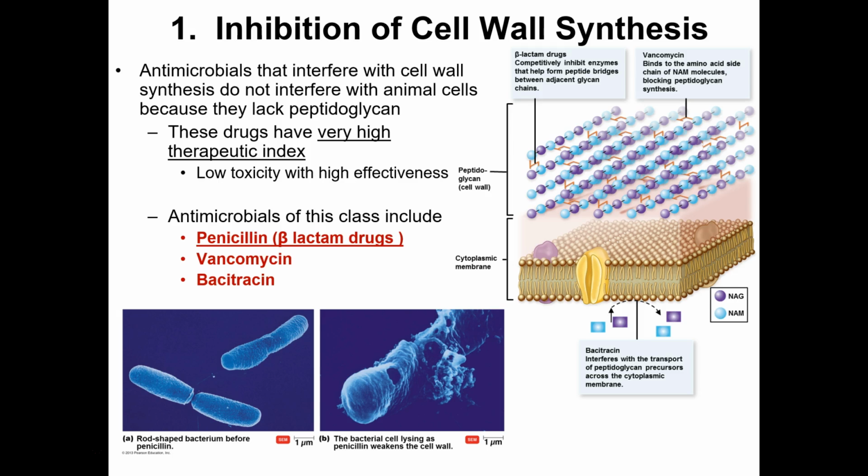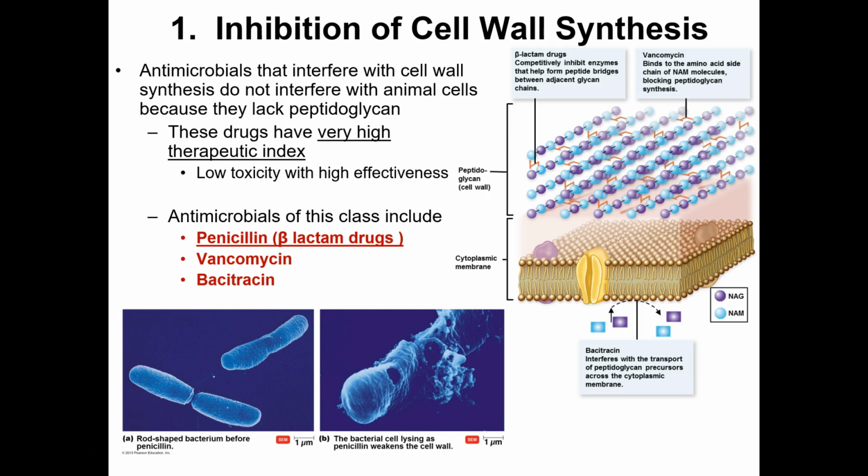Now, bacitracin is kind of a gray area. This is one you don't ingest. It's a topical cream. It's because it actually binds to the membranes of the bacteria. And what it's doing by binding to the membranes is preventing those NAG and NAM subunits from getting out of the cell.